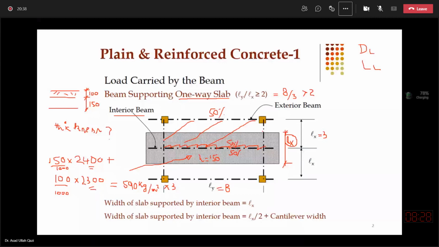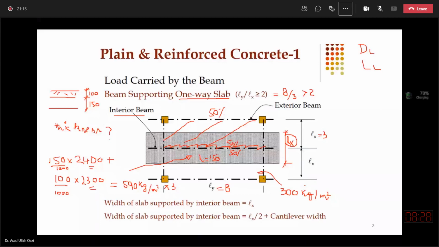For example, for this room slab, I propose that the live load is 300 kg per meter square, a very commonly used live load for ordinary residential or commercial buildings. So if 300 kg per meter square is the live load, you will notice that they provide you live load directly in terms of pressure.